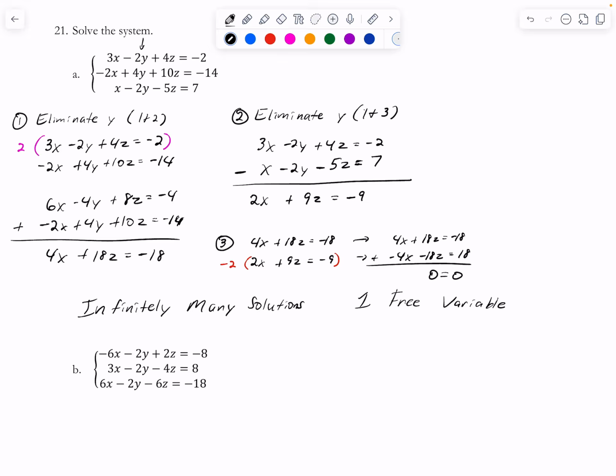Now, if I had gotten 0 equals 0 right away, like in my first step of eliminating my first variable, and then I got it again, if I got 0 equals 0 twice right away, I'd write infinitely many solutions, but I would write 2 free variables. So just know the difference between 1 or 2 free variables.